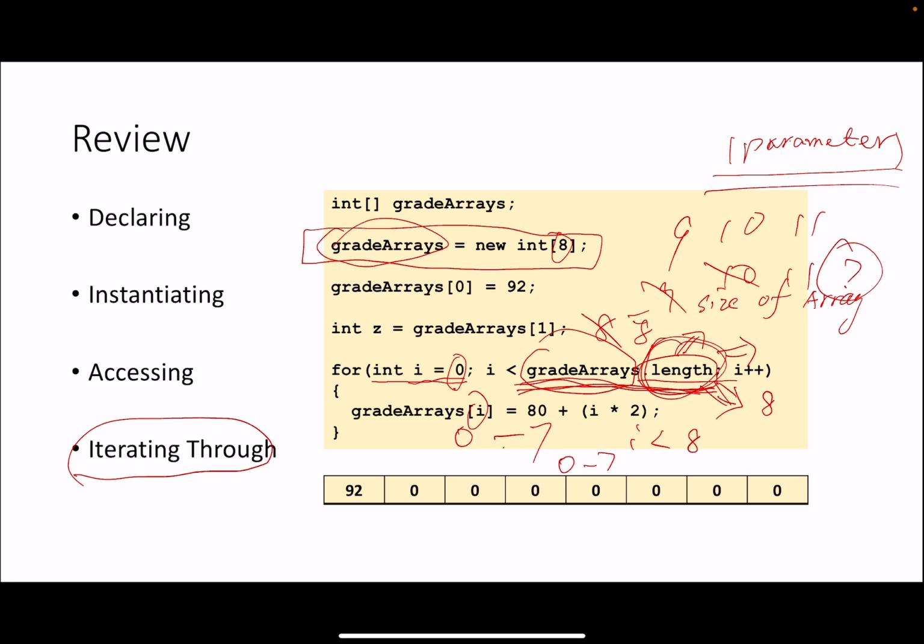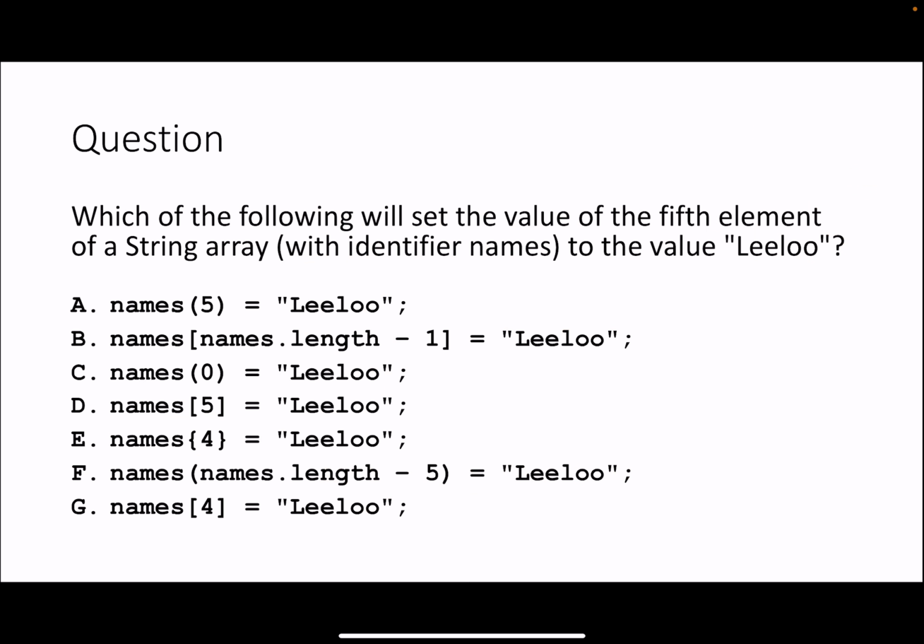From here, it can access 0, 1, 2, 3, until 7. Then you can access each element and assign some random values, right? So this is some result.